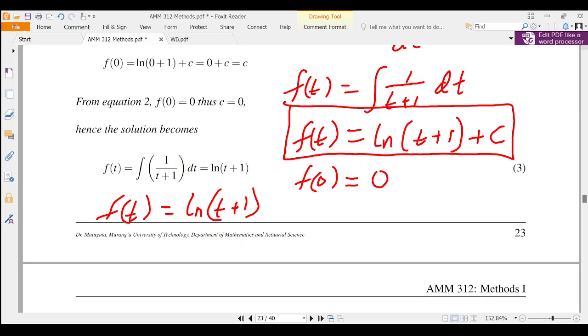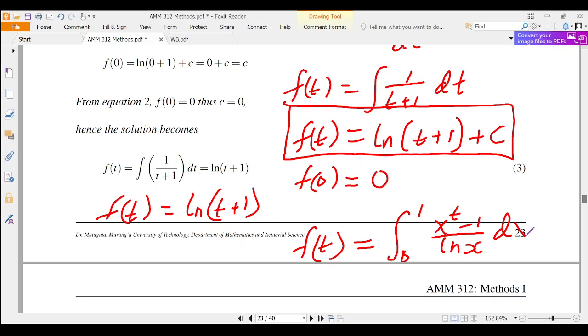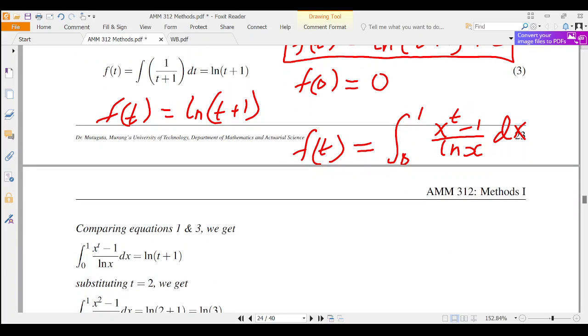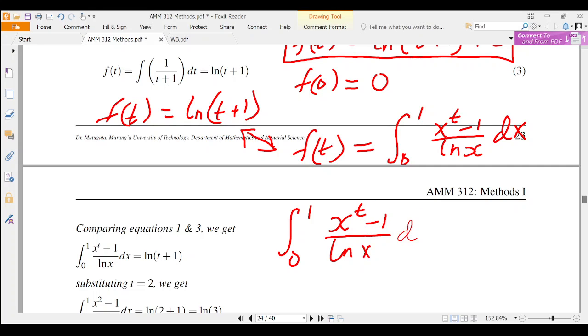But what was f of t? f of t was the integral from 0 to 1 of x raised to power t minus 1 divided by logarithm of x, integrated with respect to x. This means that we can equate these two, so that we write the integral from 0 to 1 of x raised to power t minus 1 divided by logarithm of x dx is equal to logarithm of t plus 1.